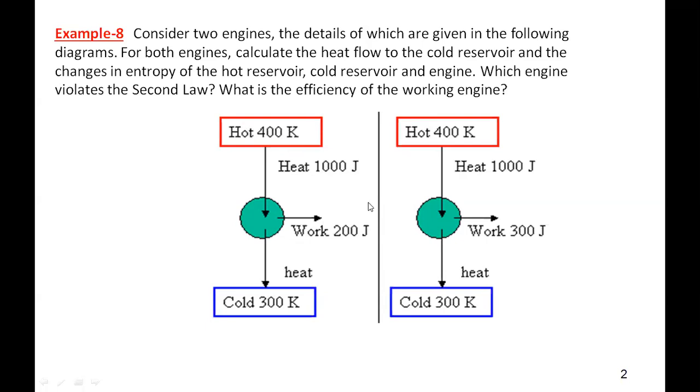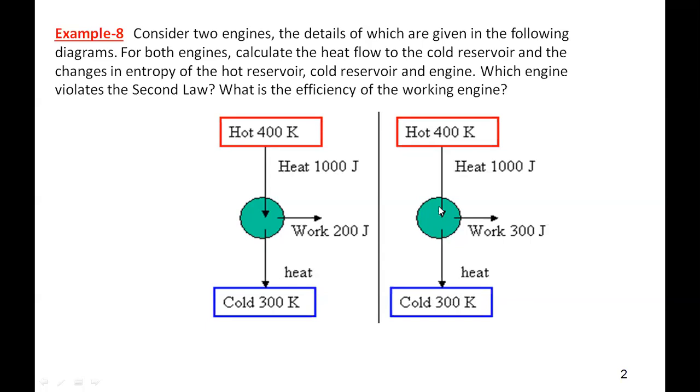The other has a hot reservoir at 400 Kelvin, heat 1000 joule, and work 300 joule. The difference is the work in both engines, and the cold reservoir is at 300 Kelvin.